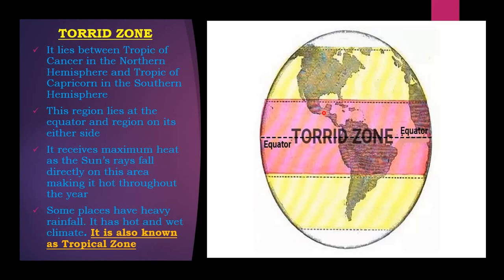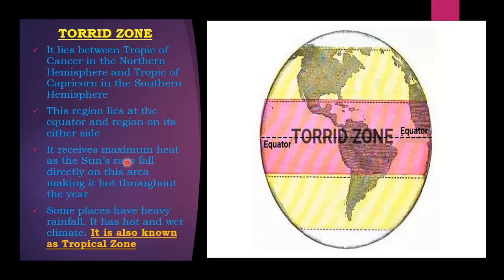So it is there in the northern side also and it falls in the southern part also. So it receives maximum heat, as the sun's rays fall directly on this area, making it hot throughout the year.